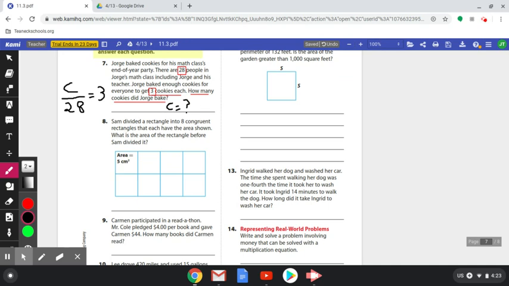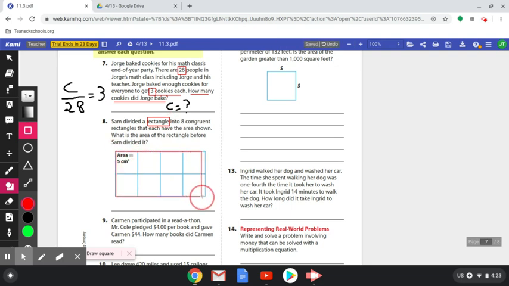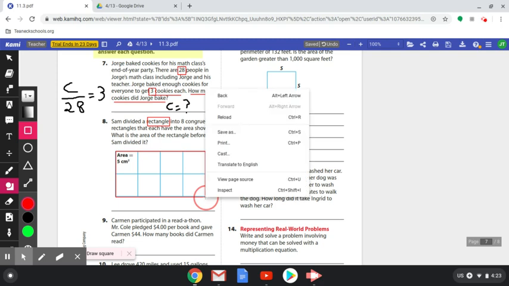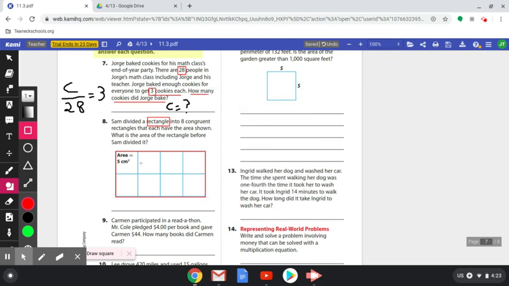Sam divided a rectangle into 8 congruent rectangles that each have the area shown. What is the area of the rectangle before Sam divided it? All right. So where they're talking about Sam divided a rectangle, that's this original one right here, this one in red.